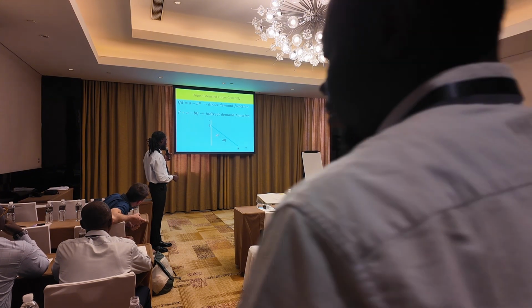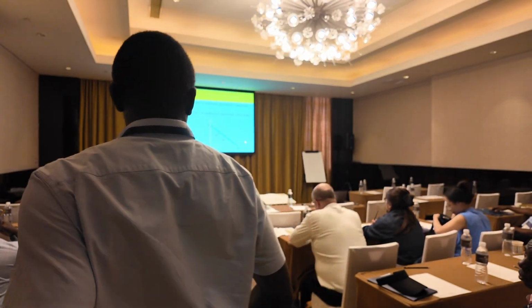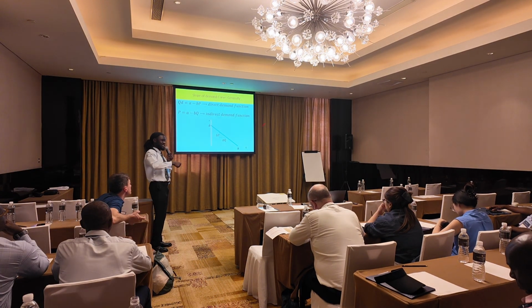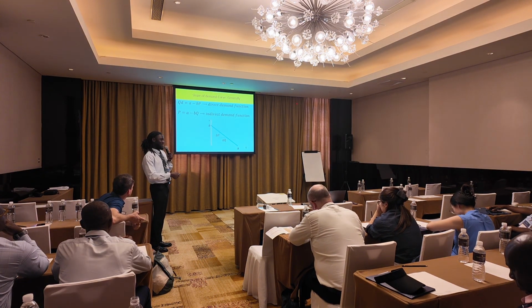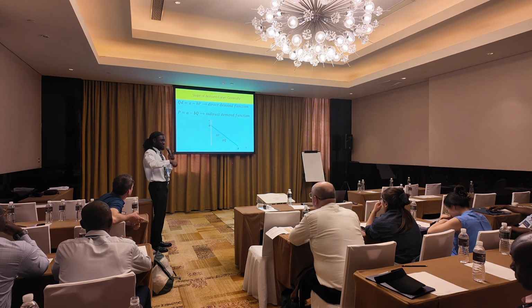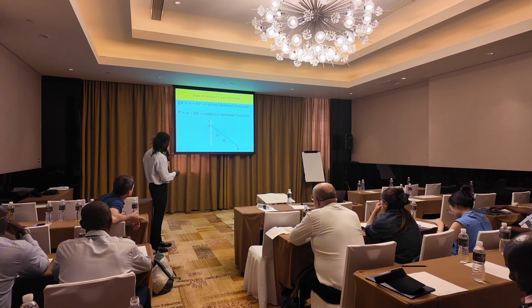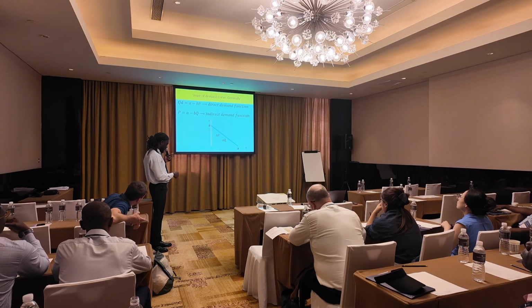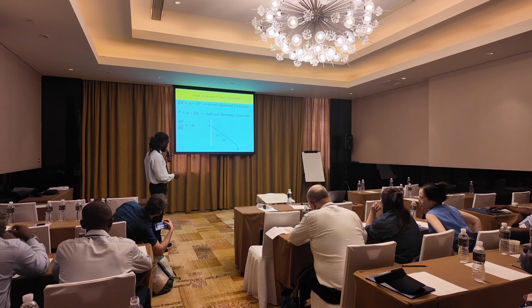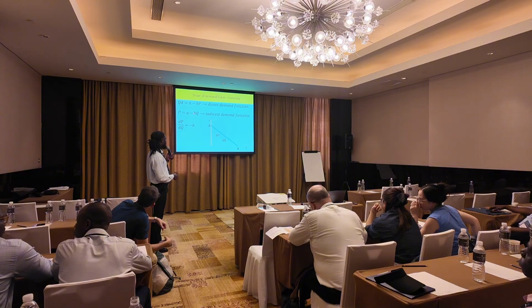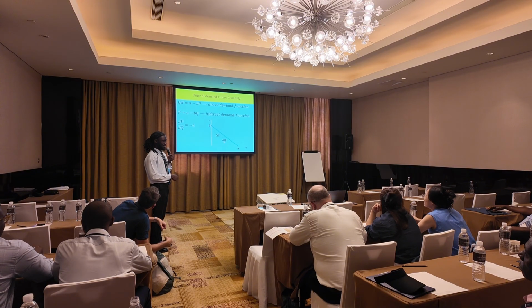You can see it's changing Q by changing Q. But you normally write changing Q by changing P in the elasticity formula, right? That is the inverse of the slope. You know what I mean? So this is a direct demand function, this is an indirect demand function. And when you plot this, how is it going to look? Here the slope we all know is basically negative b, right?